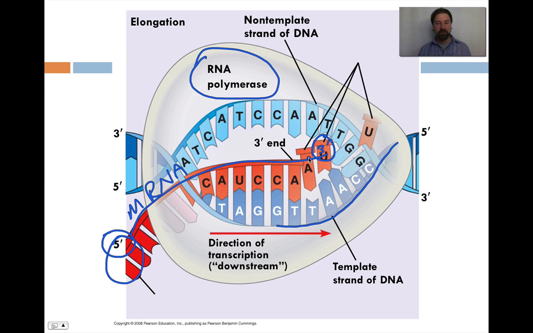That can get a little bit confusing when you're trying to sort through, okay, it's anti-parallel, 5' to 3', 3' to 5'. So take your time with it. Sort out in your mind what direction things are happening in. The fact is that your mRNA completely matches your non-template strand except it has uracil in it.